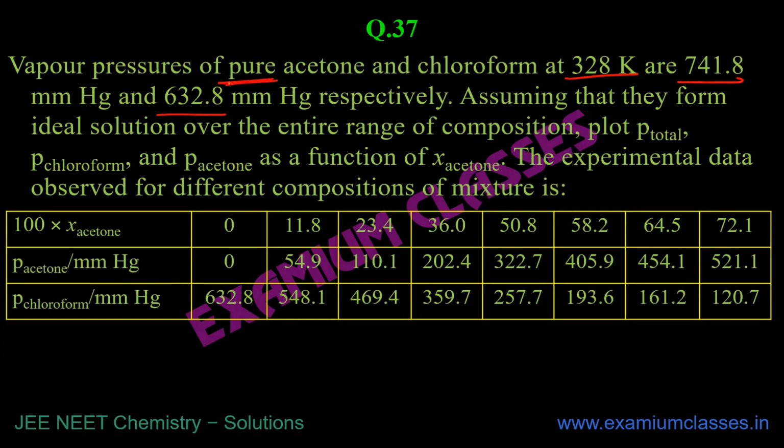Assuming that they form ideal solution over the entire range of composition, plot P total, P chloroform, and P acetone. And you remember, this is something we were talking about where it was something like this. P total was like this.